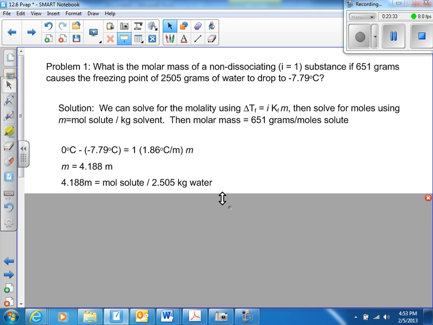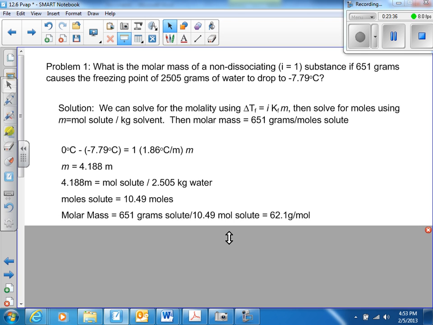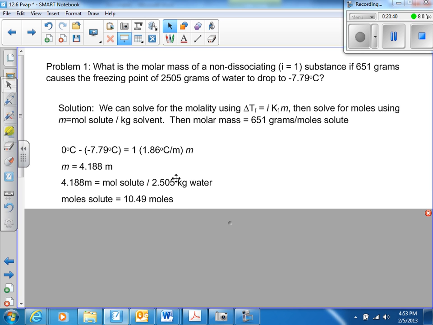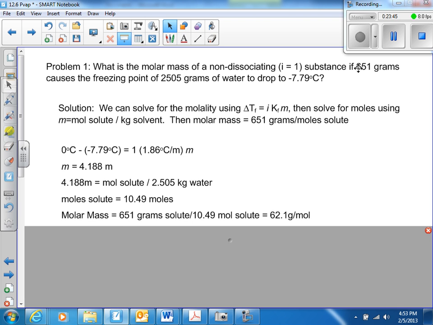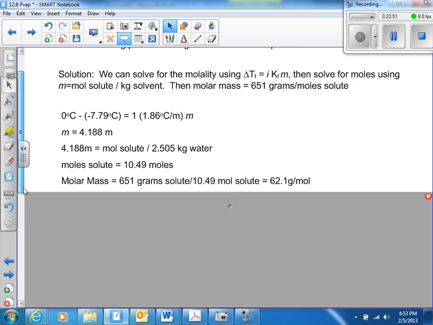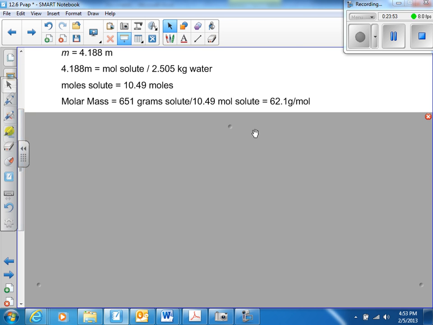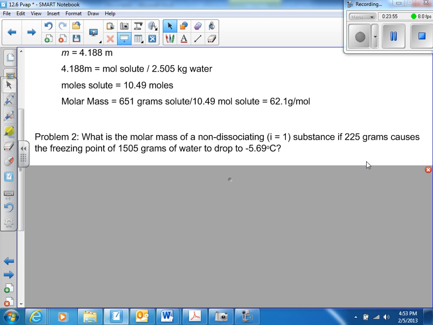Kilograms, remember to convert to kilograms. And so for molar mass, we solve for the moles. Solve this equation for moles. And the molar mass is just the grams that we started with divided by the moles that we calculated from this equation. Okay, there's our answer.